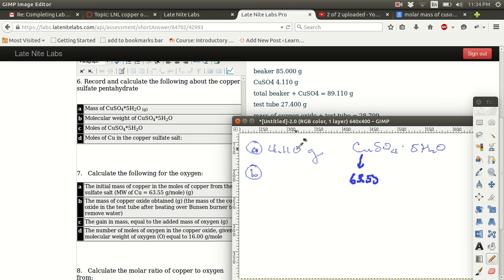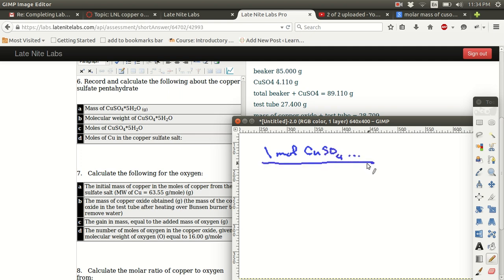Okay, now that I know the molar mass, the molecular weight, of copper 2 sulfate pentahydrate, I can calculate the moles that I had. So, 1 mole of that stuff is 249.686 grams of it, right?